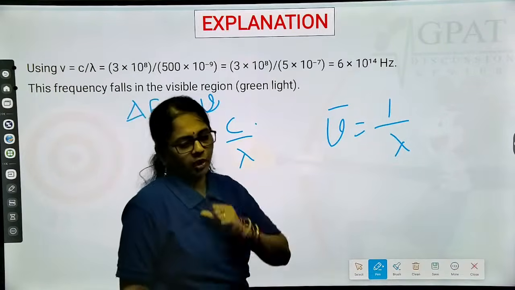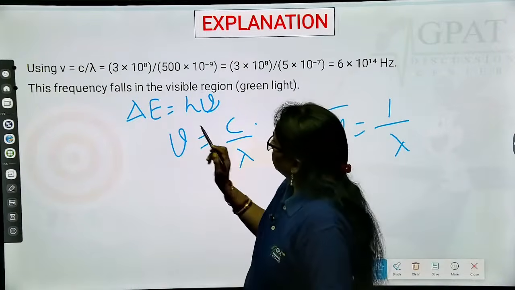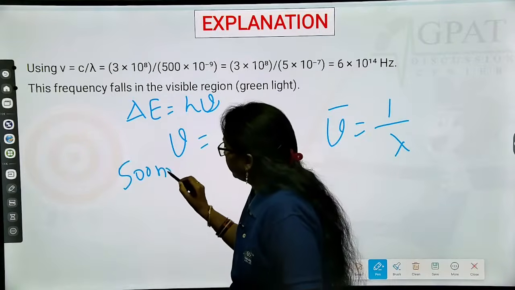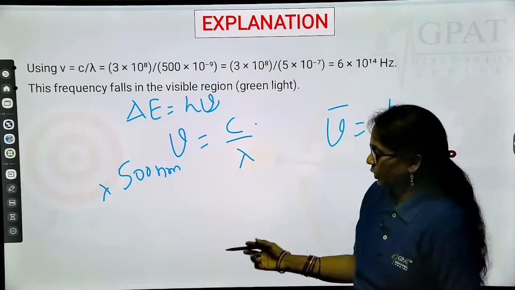All these basic formulas we should know first. Here they have given a 500 nanometer wavelength and asked us to convert it into the frequency. What is the frequency of this?